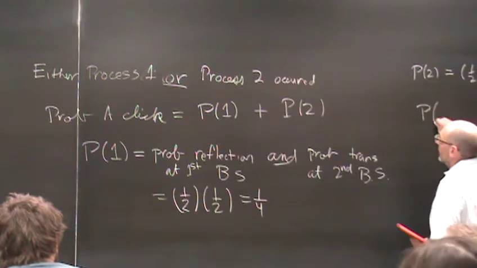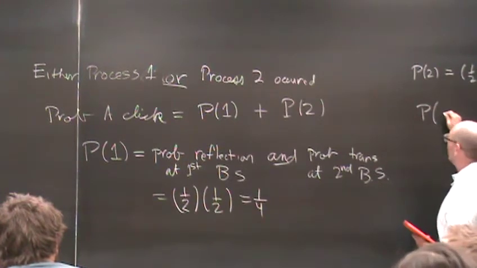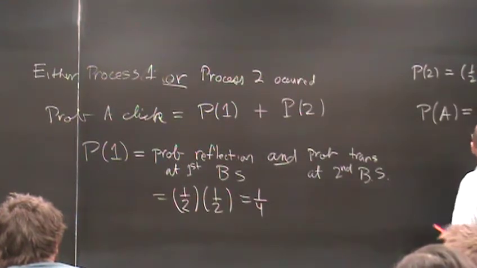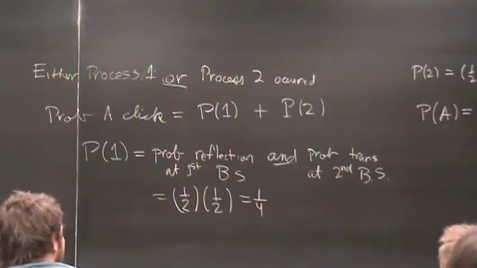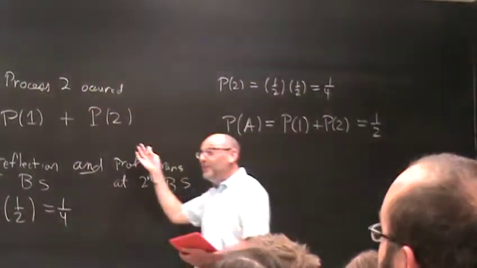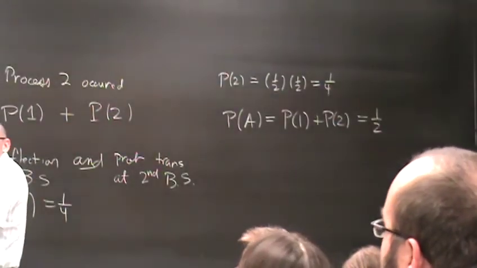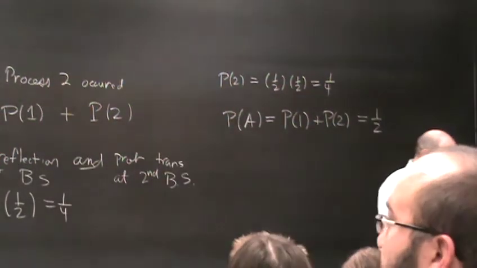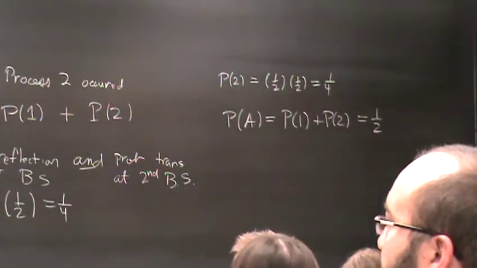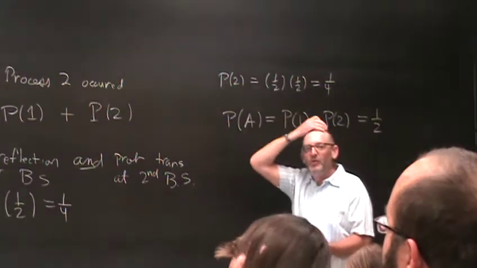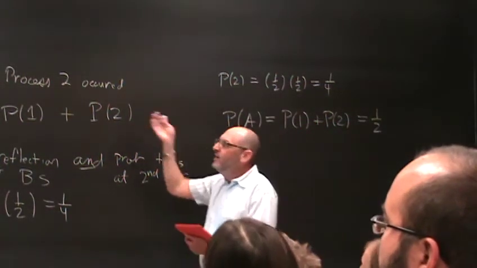So classically, logically, we would say the probability that A goes click is this or that, which is a half. That's the logic, but in fact, that's not the case. Because quantum mechanics doesn't operate under these intuitive laws of logic. It has its own calculus.